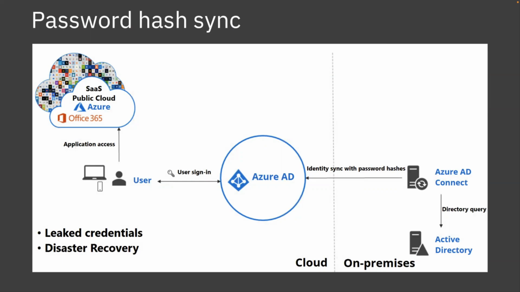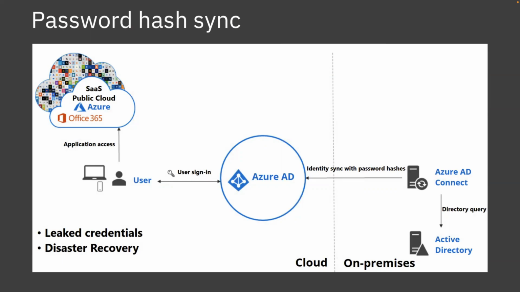The password is hashed. It's a one-way cryptographic hash, and that then goes through a second cryptographic hash. That second hash is then what we call salted, okay? And that means there's just a random number thrown on the end.